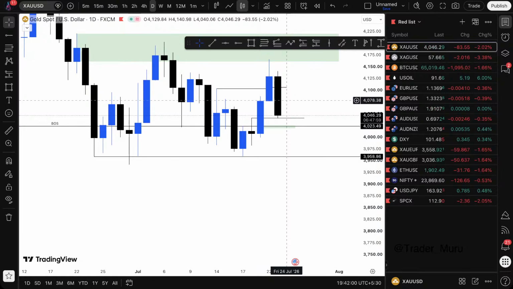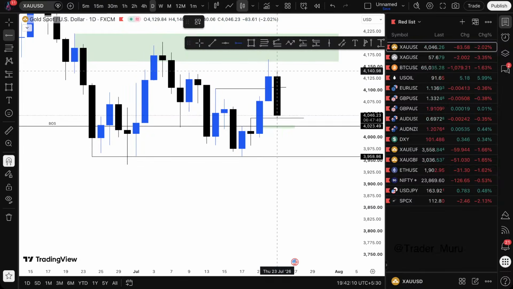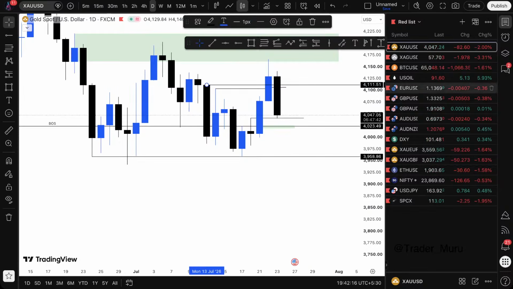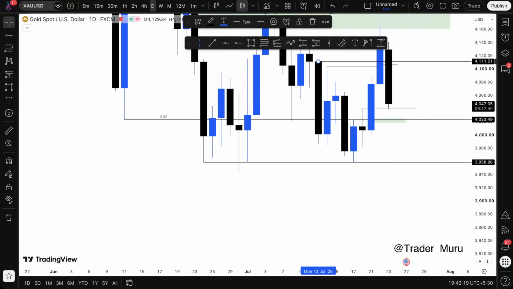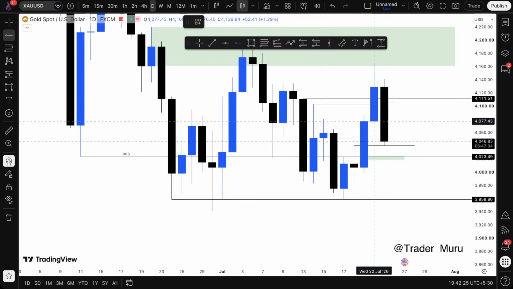Same in gold. Tomorrow gold will test somewhere near 4076 to 4123, and tomorrow's candle should not close above 4111 because tomorrow is weekly closing. So price is not allowed to close above 4111, and we will have a test at this area.